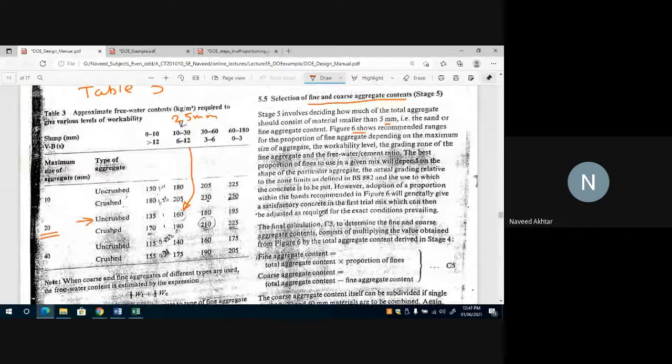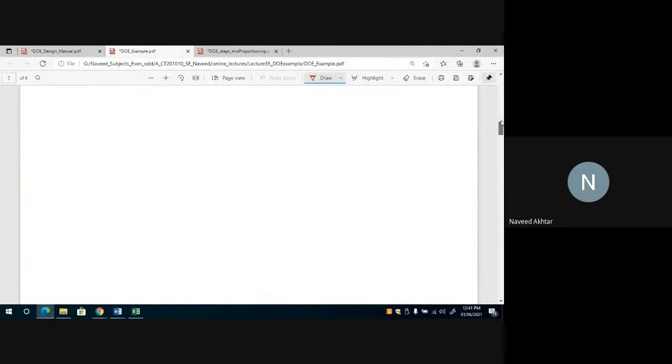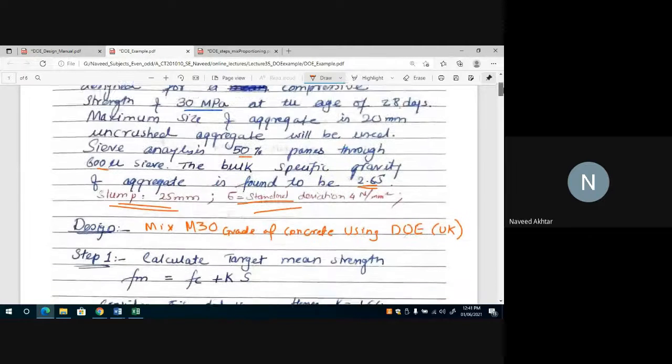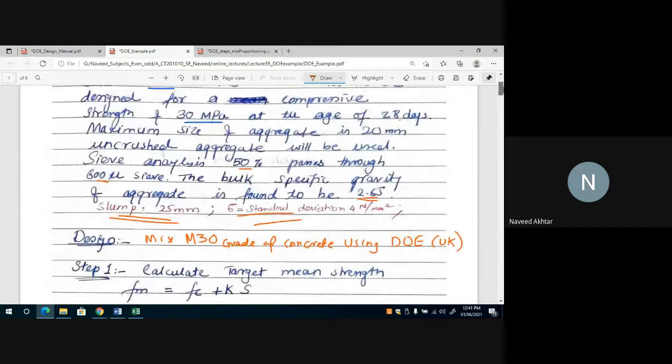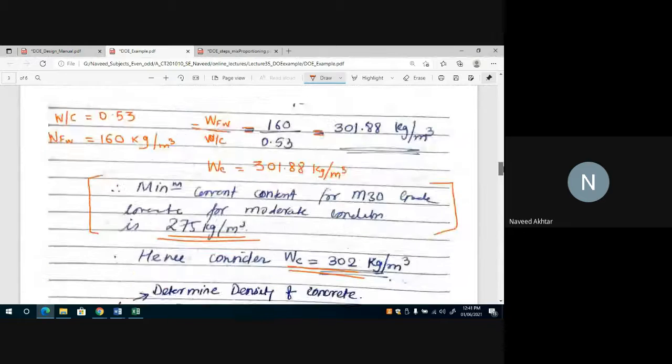So here we can consider the grading zone 2, I think so, because 50% is passing through the 600 micron sieve. So in our case, I will consider the grading zone to be the second one, zone 2.